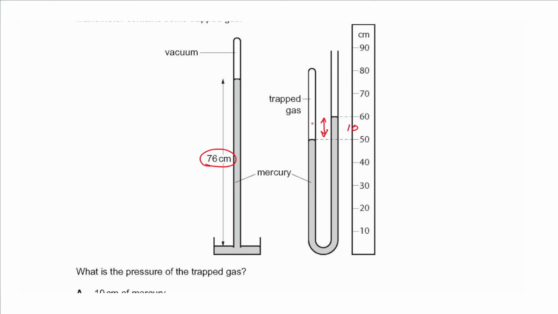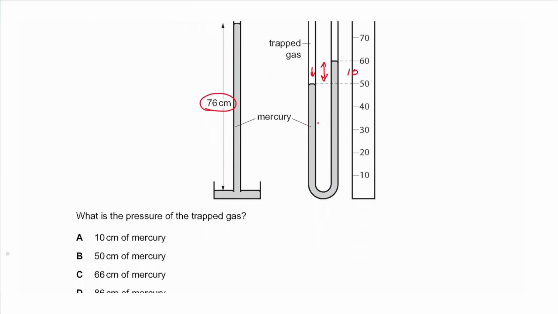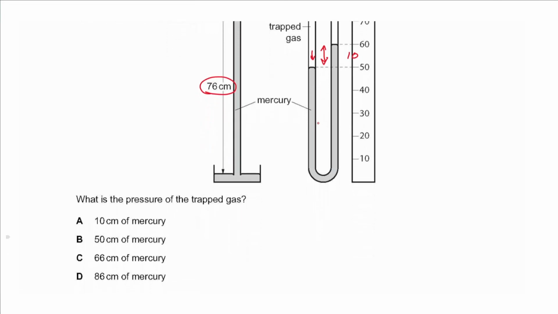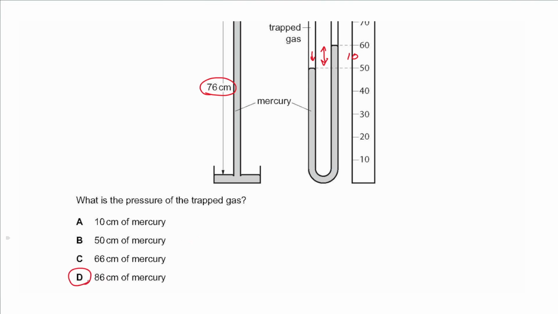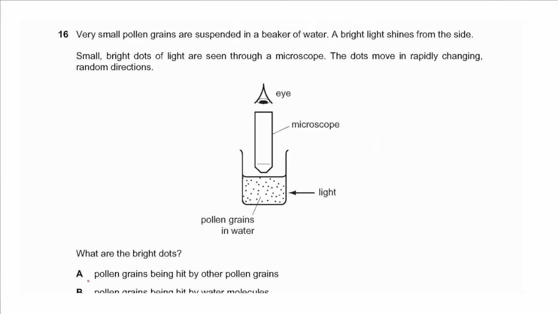And the gas is pushing down more on the liquid, which means that the pressure of the gas is higher than the pressure of the atmosphere by 10. So the pressure of the gas should be 76 plus 10, which is 86 centimeters of mercury. So we choose D.